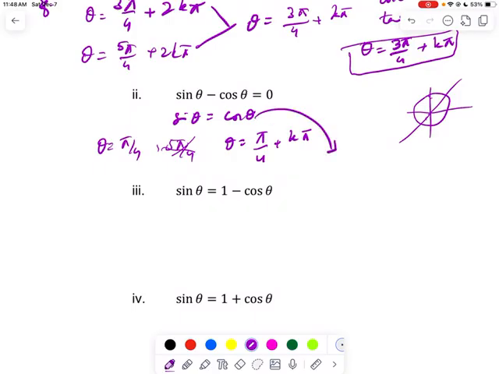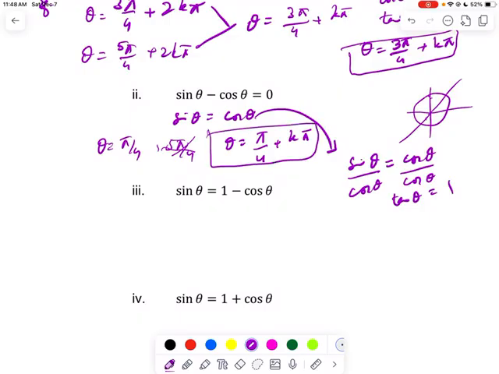If you divide both sides by cosine, we end up getting tangent of theta equal 1. And remember, the solution for that is pi over 4 plus k pi, which is the same way we got here.